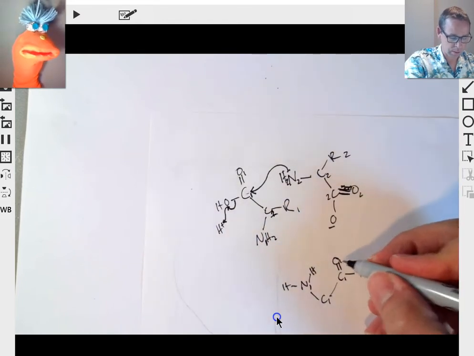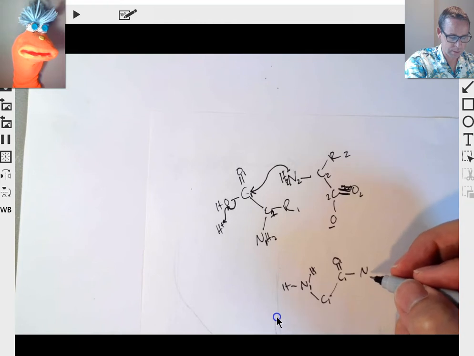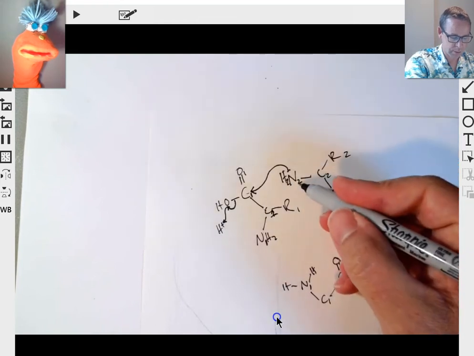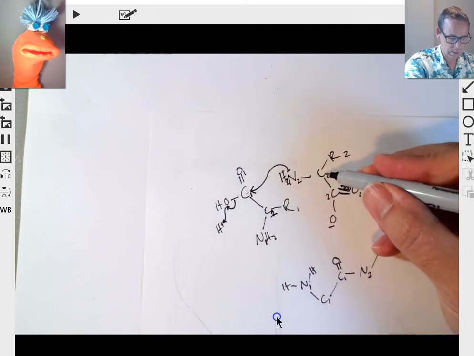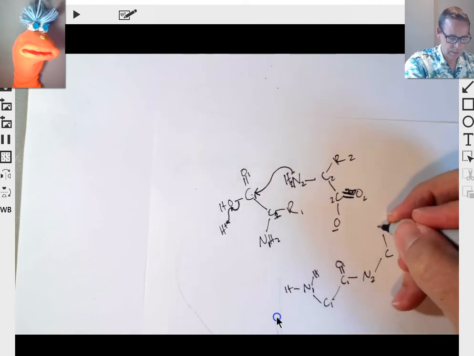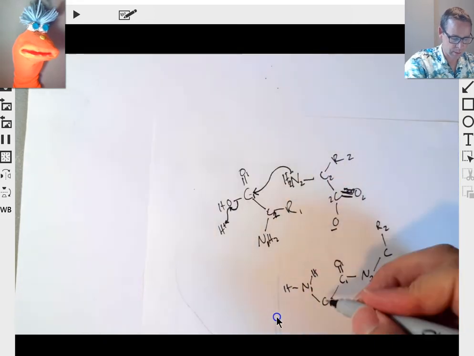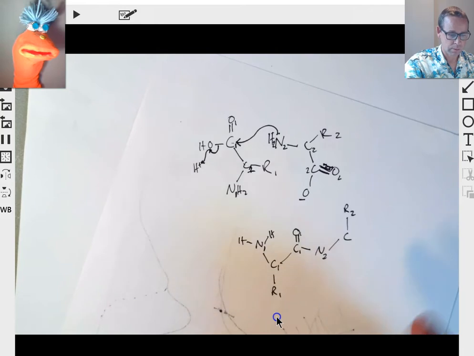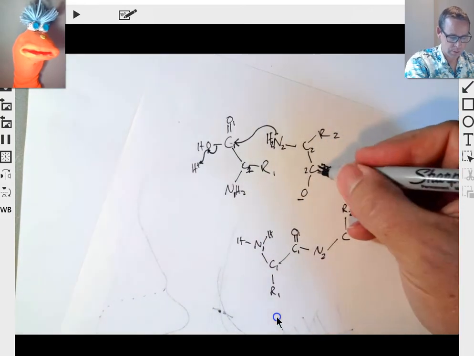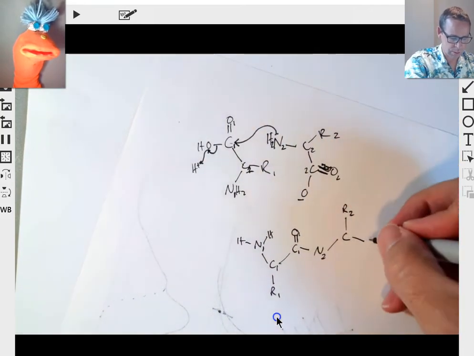This is the oxygen from the carboxylic acid carbon 1. This is the nitrogen from the 2. It's connected to a carbon, and that carbon has the R group 2 coming off it. This carbon here has R group 1 coming off of it. This carbon 2 is connected to this carboxylic acid carbon 2.